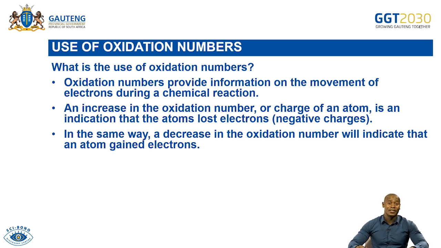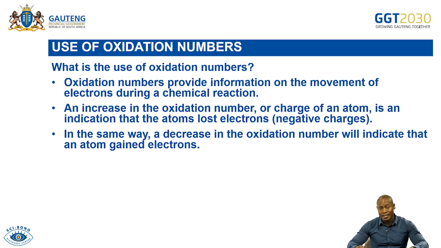But if there's a decrease in oxidation number of that atom, then that atom is gaining what? Electrons. So oxidation numbers provide information on the movement of electrons during a chemical reaction.